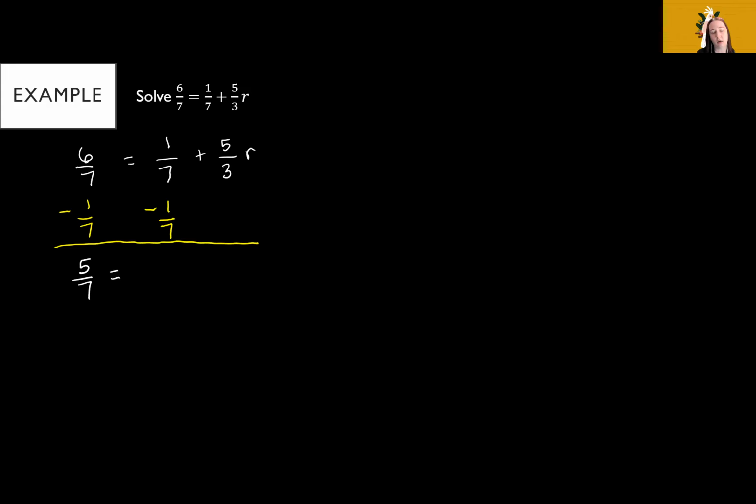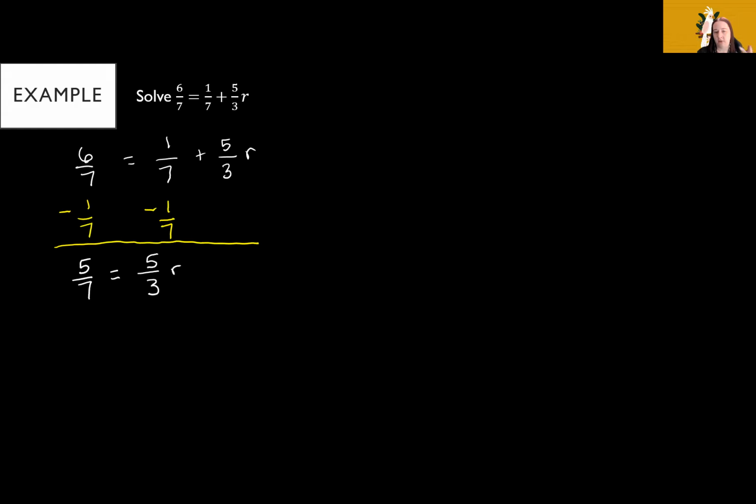Or if you use your calculator and it does fractions, you can do that on the calculator and then it will give you the final answer. So in this case, common denominator, so we can just subtract. We get 5/7 equals 5/3 r. So once you have one thing equals one thing, you're done with step 2, which is the adding and subtracting, and now you're moving on to multiplication and division.